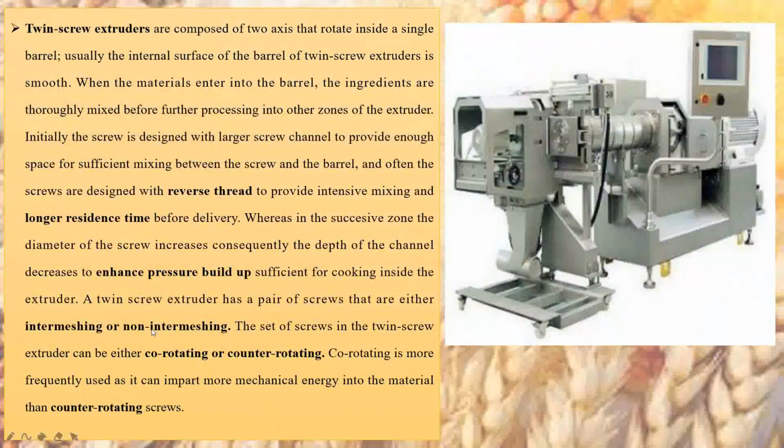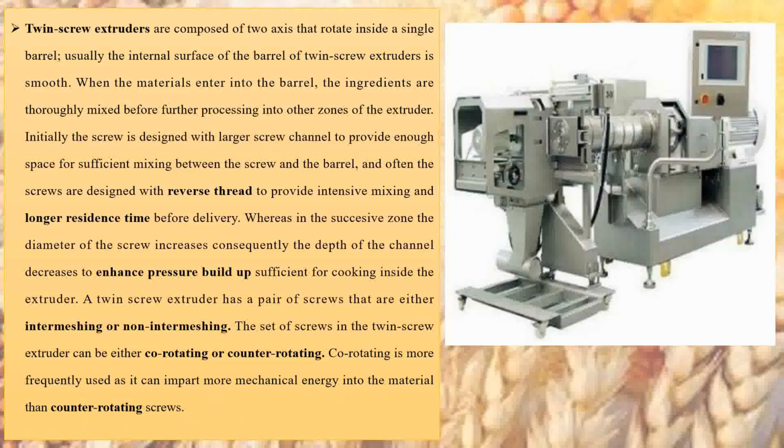So the twin screw extruders have the screws in intermeshing or non-intermeshing format, that is, the gauges or turns of the screws are interlocking with each other, and they may be co-rotating or counter-rotating. The co-rotating is more frequently used as it can impart more mechanical energy into the materials than the counter-rotating screws.